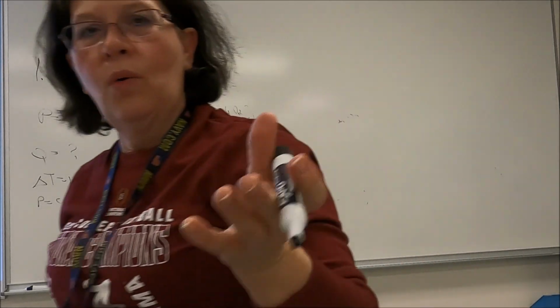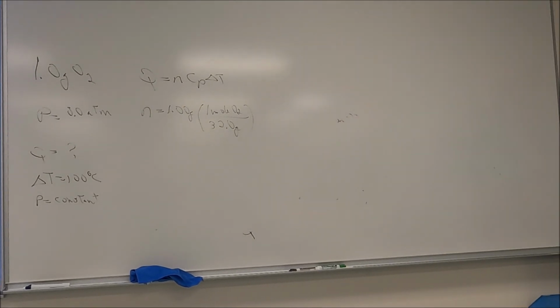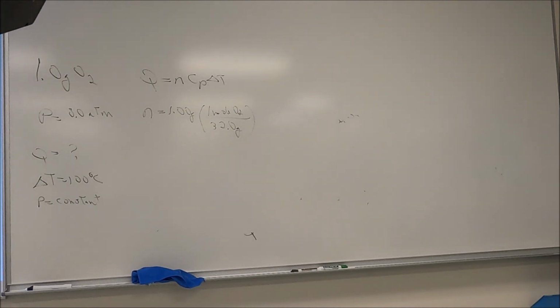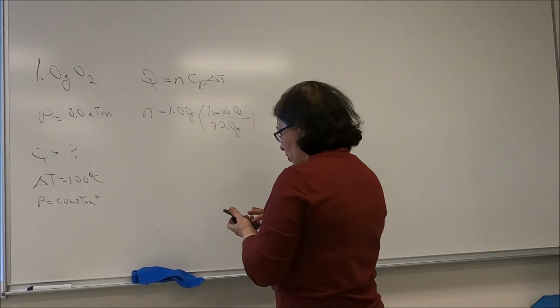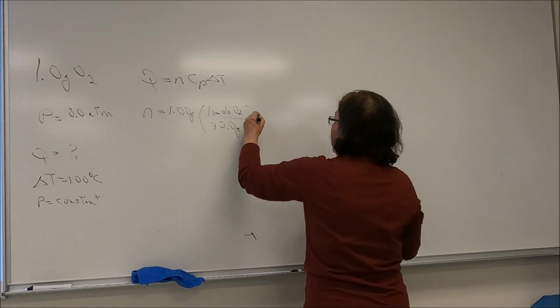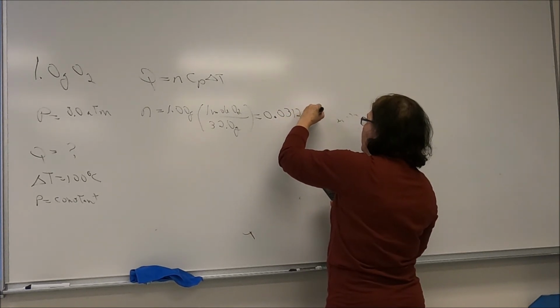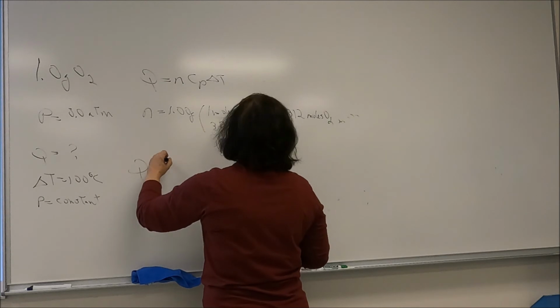Since oxygen is a diatomic molecule, I take its molar mass from the periodic table and multiply by 2, and that's where I get the 32. So 1 divided by 32 is 0.03125 moles of O2.